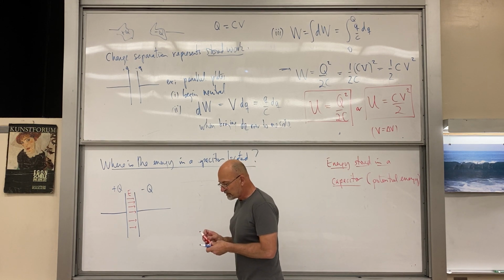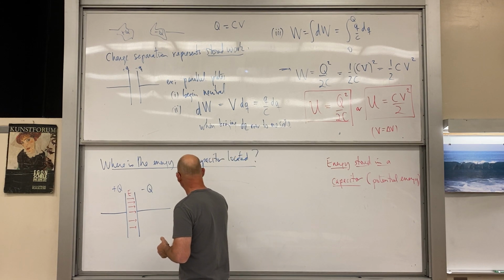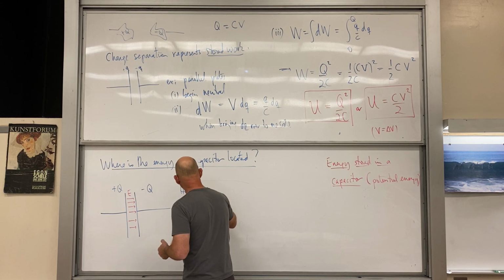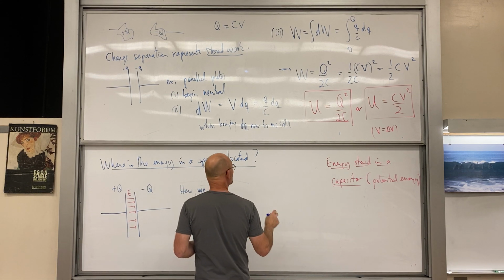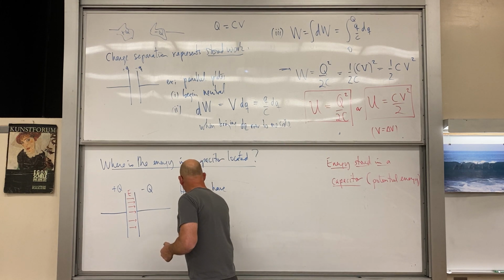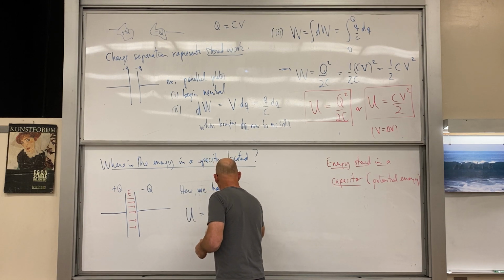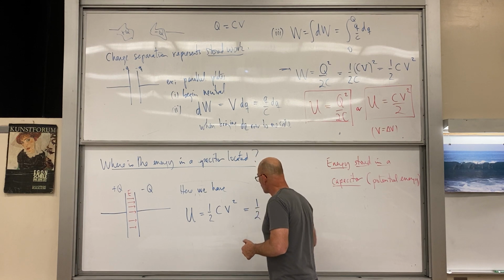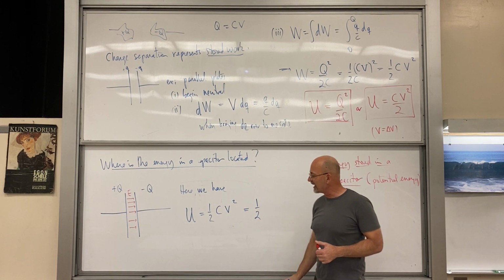So for the parallel plate capacitor, here we have potential energy. We're going to use the second form, capital U, 1/2 C V squared. Okay. So what was the capacitance of the parallel plate capacitor?